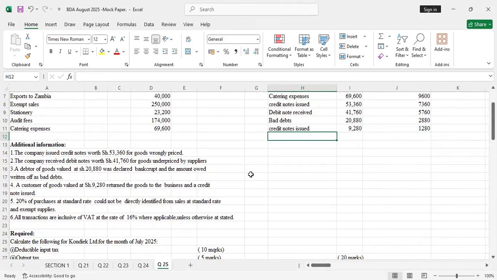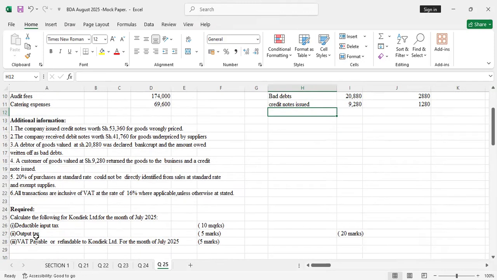Then we are told that 20% of purchases at standard rate will not be directly identified from sales at standard rate and exempt supply. So that's what we call the restricted deductible input tax. Yeah, so we'll have to calculate, though they have already told us to calculate deductible input tax. Then number 6 is what we have been working with, the values we are given, that transaction at the rate of 16%.